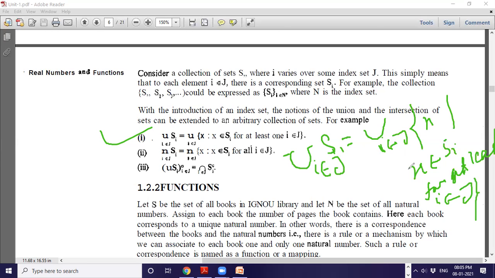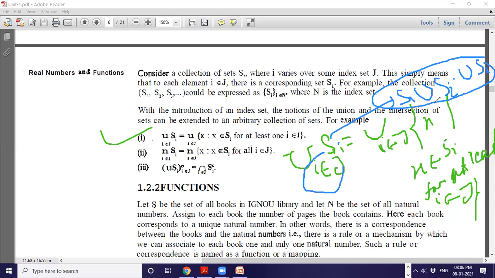Am I or not? Yes, I can write that like that. Why? See, union of S_i where i belongs to J. ठीक है, हम इसका मतलब क्या कर रहे हैं? S1 हो गया, S2 हो गया, like that, Sn. So I am taking union of all these sets.